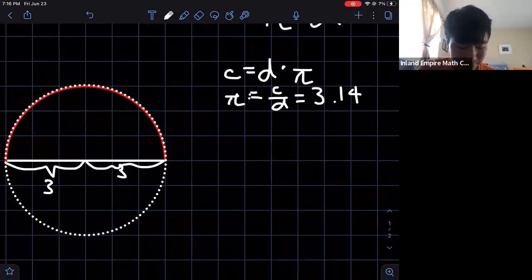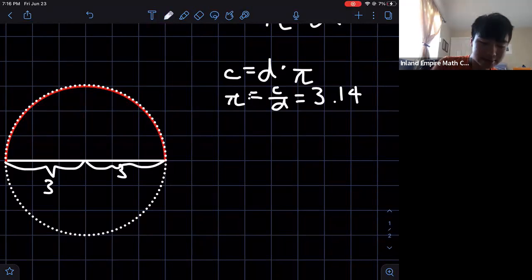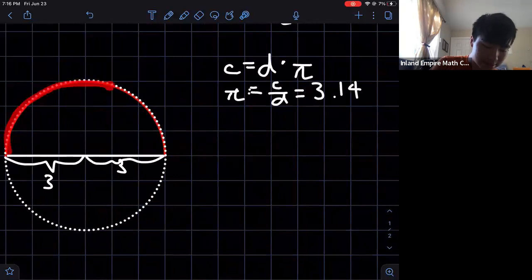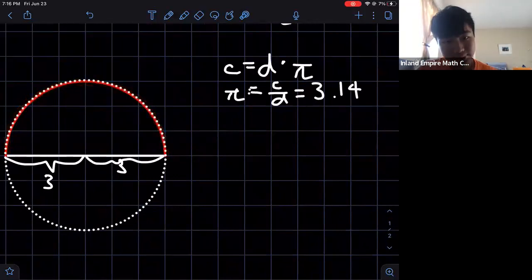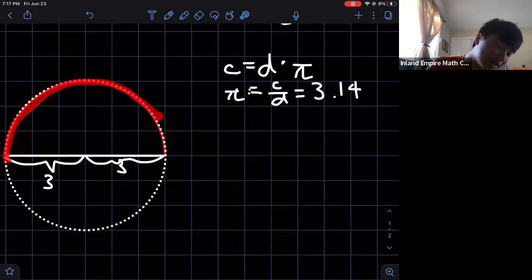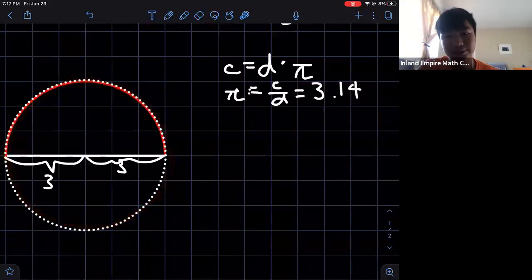So does anyone have any ideas as to how we can figure out the length of the red, which is this length right here? Starting off, we can calculate the length of the entire circle, just this entire big circle right here.